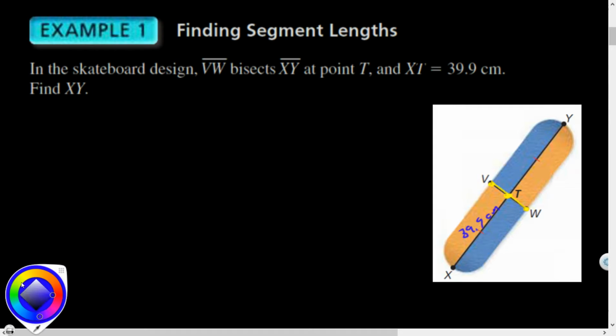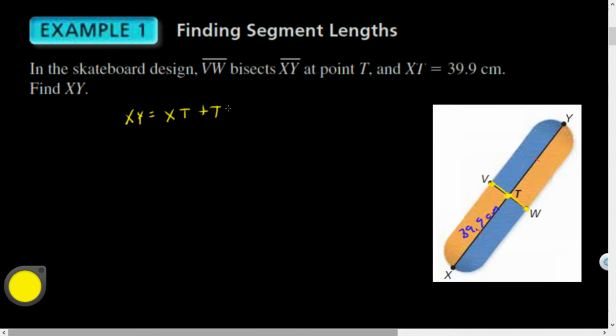This problem is arguably simpler than what I'm going to demonstrate, but I want to point out the logical progression using the things we currently know or can prove. So I know that this XY segment, its measurement, its distance, is going to equal XT plus TY.